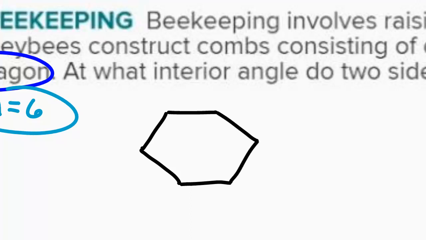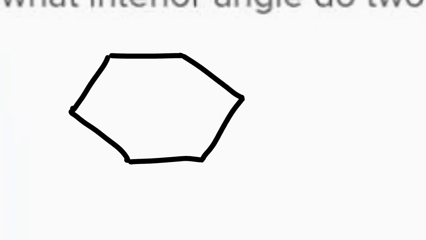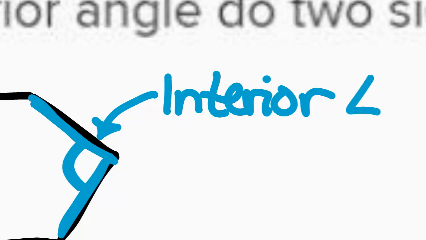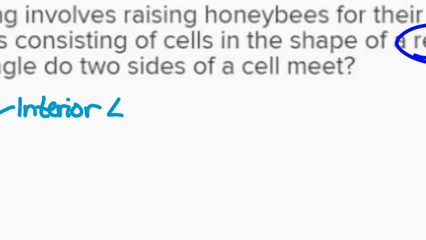So here's my best attempt at a regular hexagon. Where 2 sides meet would be like right here. That is an interior angle. Interior angle is where any 2 sides of a convex polygon meet together.